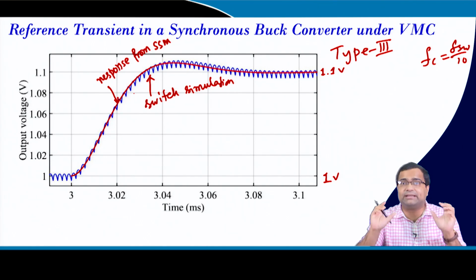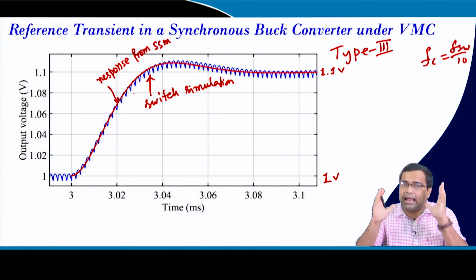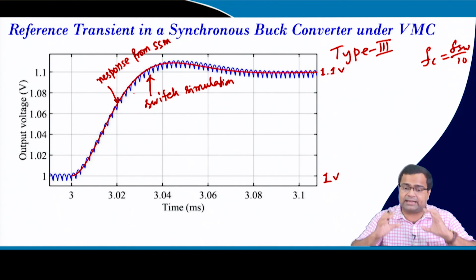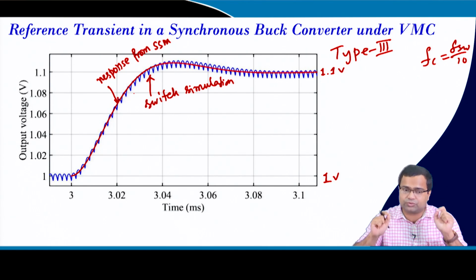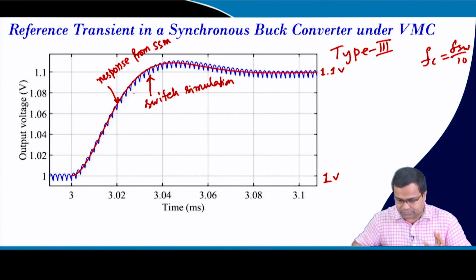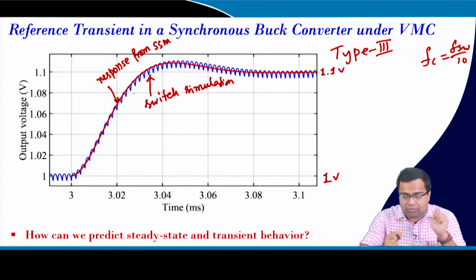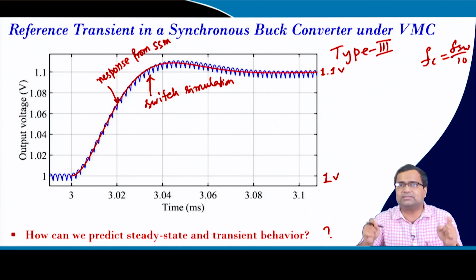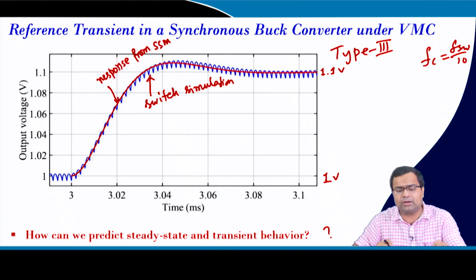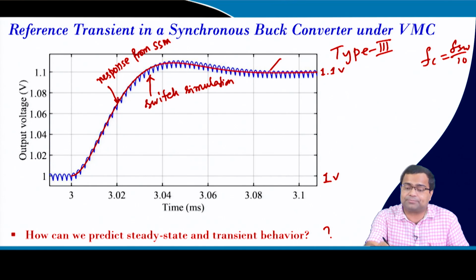If you can develop such a model, we can predict the response without running the actual switching converter, and from that process we can set the controller to achieve some desired performance before we actually test the converter. The next question: how can we predict the steady state and transient behavior? Here we have predicted it, but I am opening this question and asking how to develop this model, so that we can get the red trace from our model.